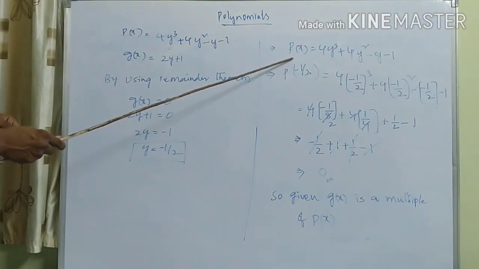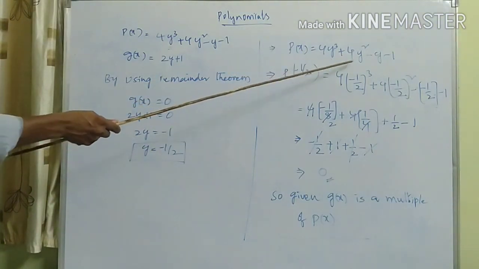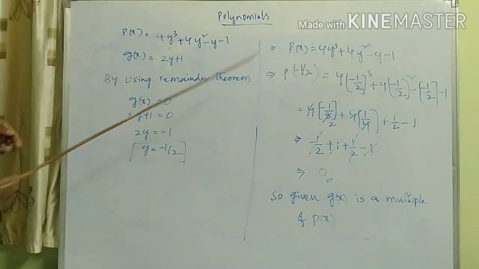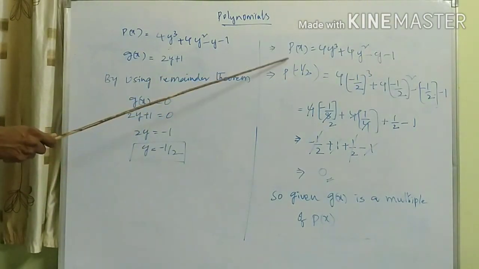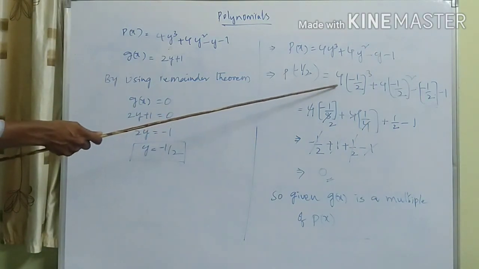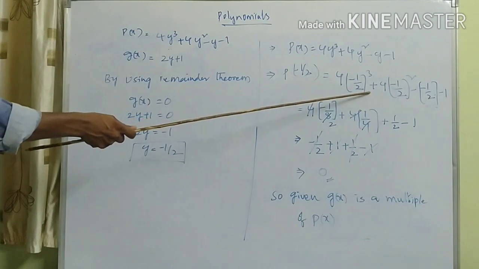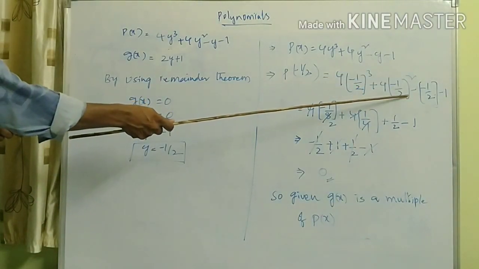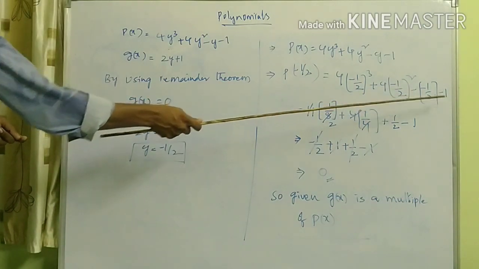Let p of y be 4y cube plus 4y square minus y minus 1. Substitute minus 1 by 2 instead of y. So p of minus 1 by 2 is equal to 4 into minus 1 by 2 whole cube plus 4 into minus 1 by 2 whole square minus of minus 1 by 2 minus 1.